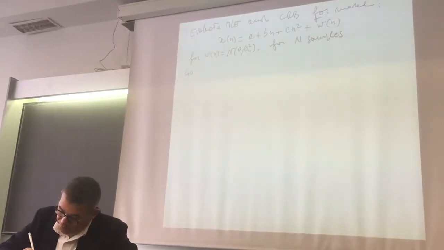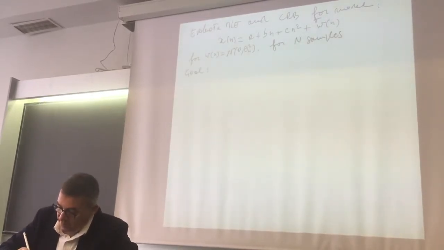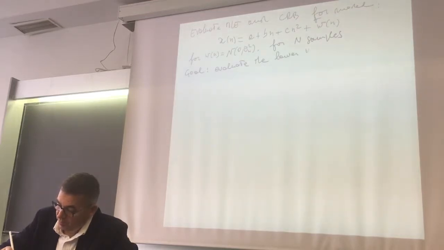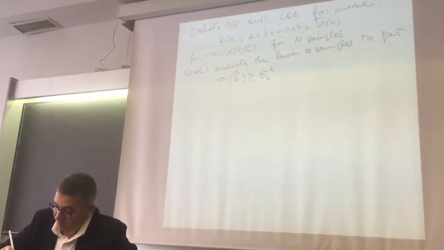The goal is to evaluate the lower bound on the number of samples to get the variance of B larger than or equal to sigma squared B. That is the minimum.